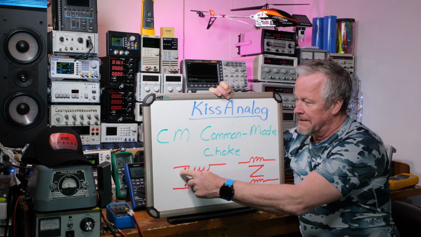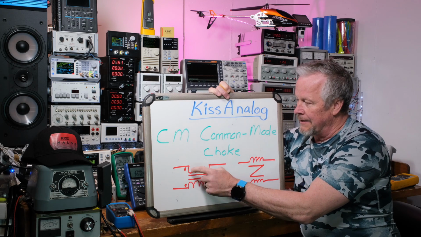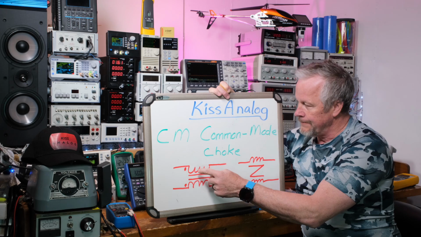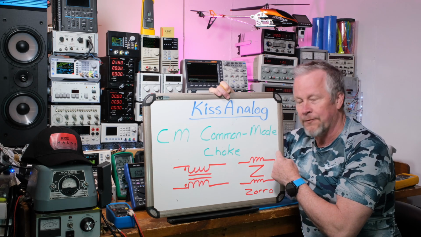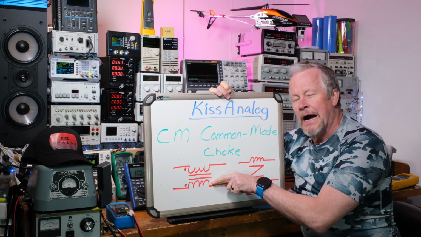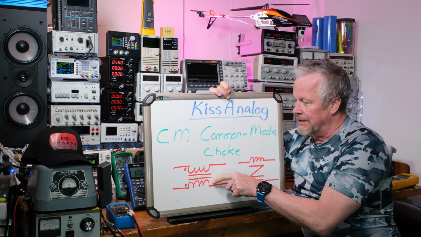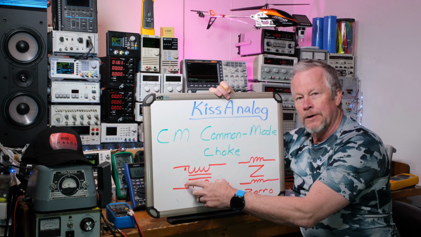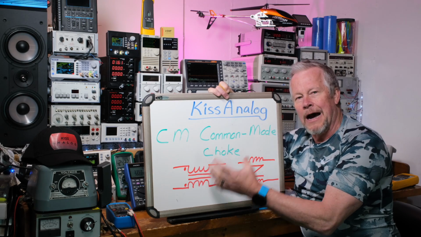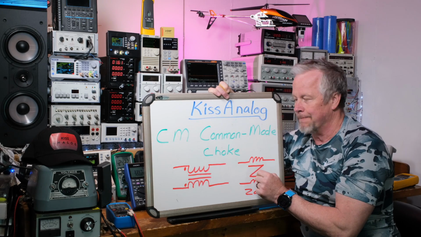When that happens, the current flows through this dot. This wants to build a field on that core. Then the current flows through your circuit, comes back this way, and it's going to the non-dot end. So this is going to make a field on that same core in the opposite polarity as this one.